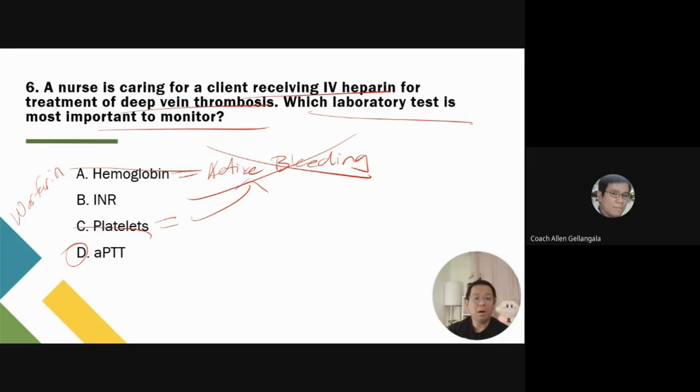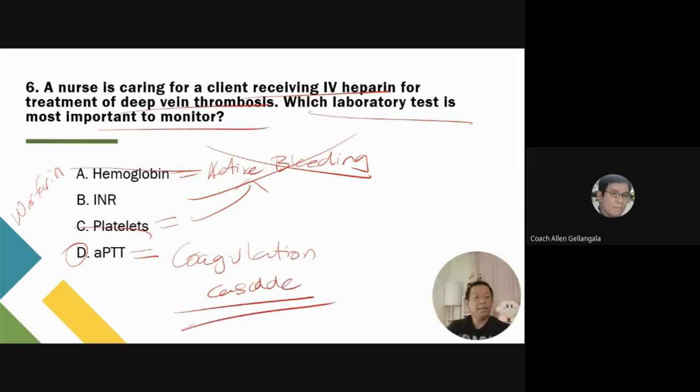Your activated partial thromboplastin time is the one that is being affected, because thromboplastin is one of the proteins involved in the coagulation cascade, which is essentially the one that your anticoagulant treatment is limiting. Okay? That is why APTT is your main measure.